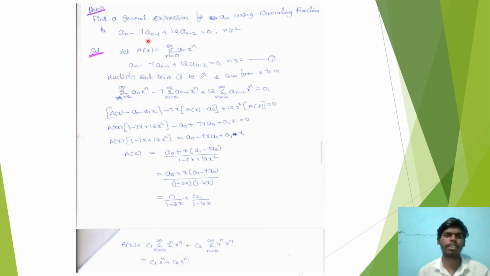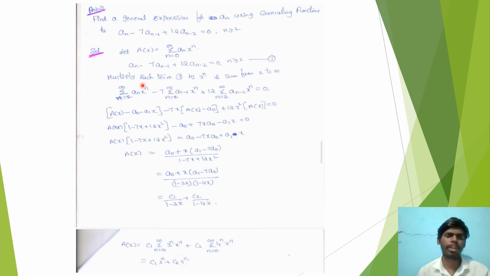So we have to multiply x power n and the summation terms to each and every term in the given question. Since the order is equal to 2, we start the summation from 2 to infinity, so that we'll get the generating function of the given question. By multiplying x power n and summation to each and every term, we'll get the equation like this.